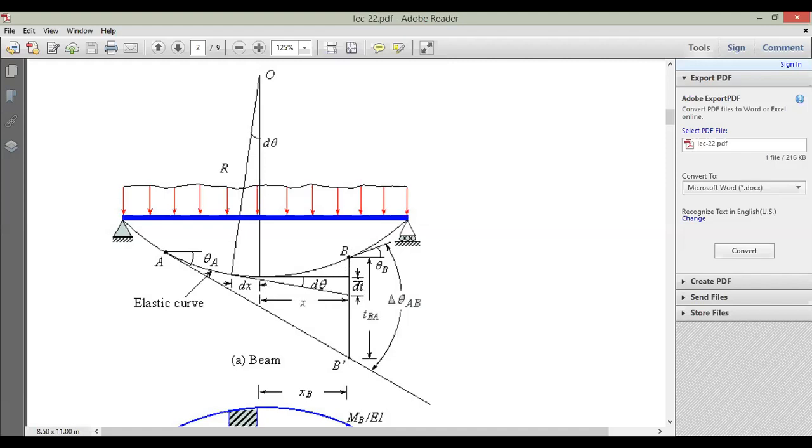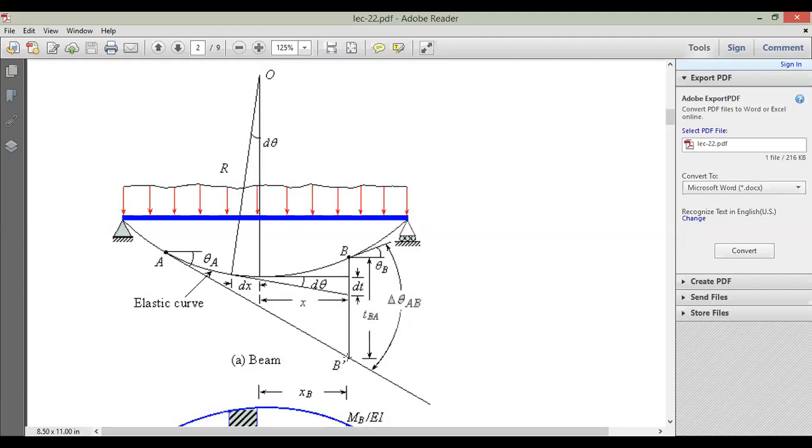dt is the thickness in the y direction, and this is the angle theta B, and t_BA is the distance from B dash to B. B dash is the projection of point B on this tangential, inclined line.